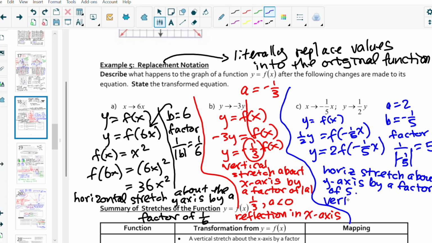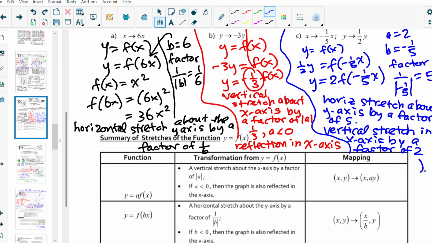This is a vertical stretch in the x-axis by a factor of 2. And one last thing, folks. Reflection in the y-axis because b is less than 0.